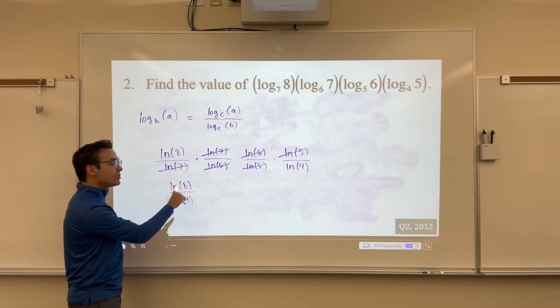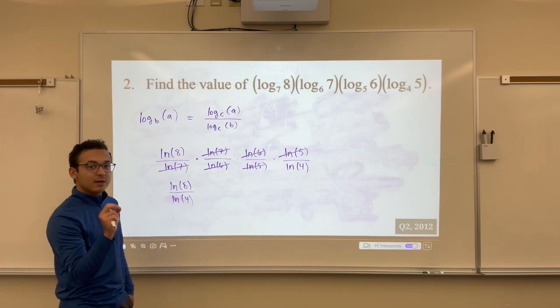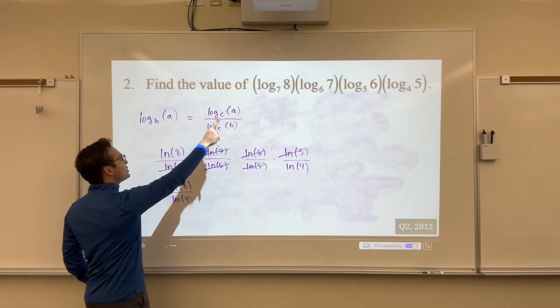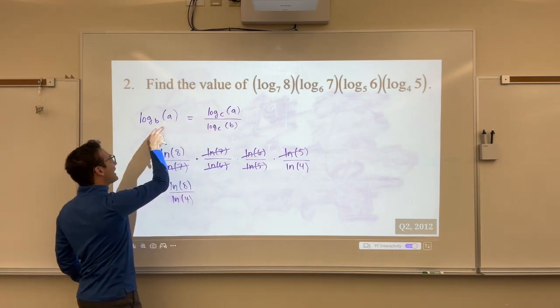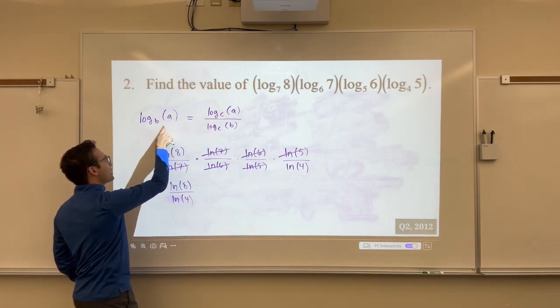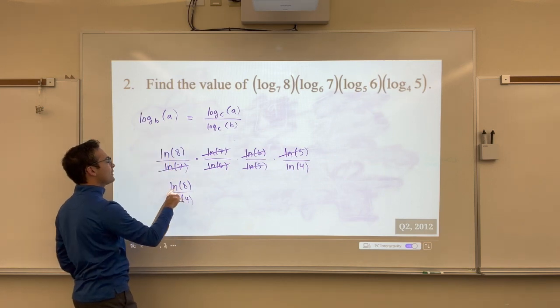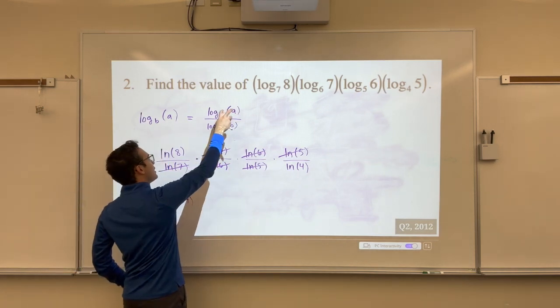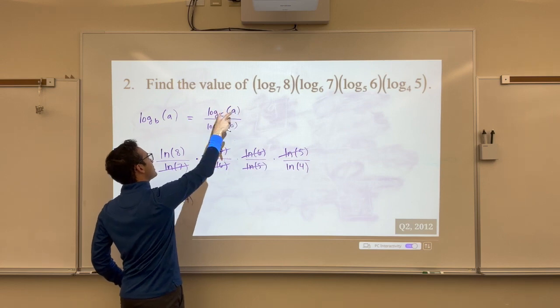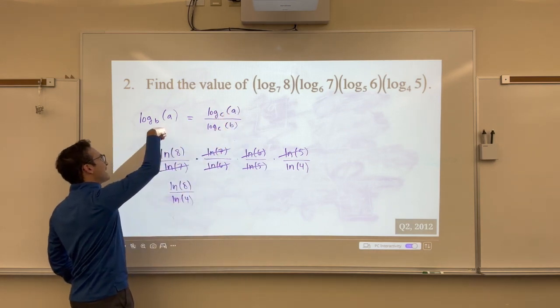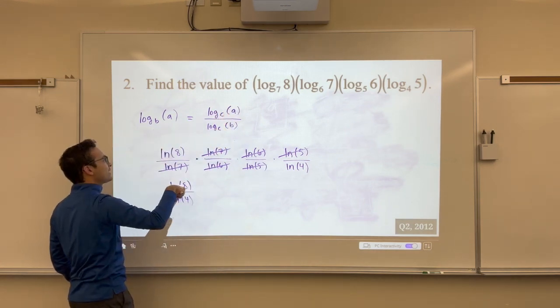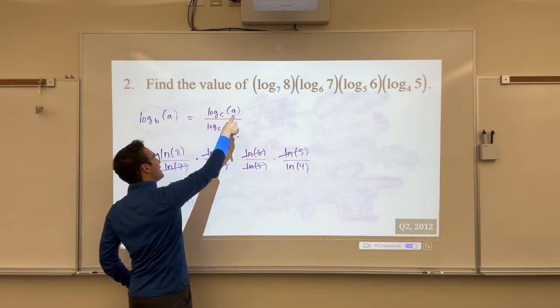However, this ratio does come out to a nice number, and we can actually use the change of base formula to convert it back into a form that looks like this, right? Because we have the natural log over a natural log. So currently we're looking at an expression that looks like this. So let's get it back into this form. So the natural log of 8 is going to be a.